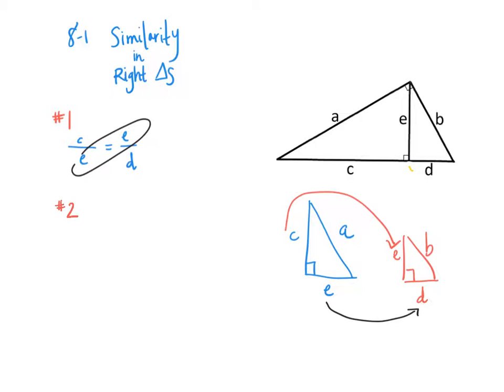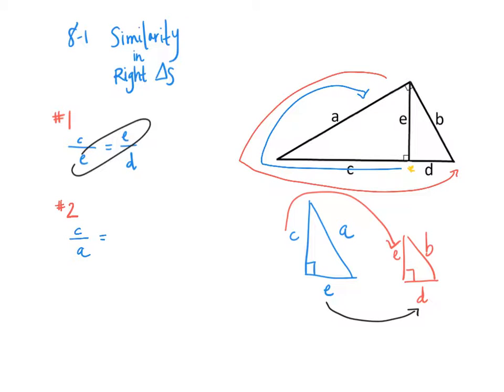I always start from the inside. And I go to the left. I say C is to A. So I'll write that down. C is to A as A is to the whole hypotenuse. So that would be A is to C plus D.